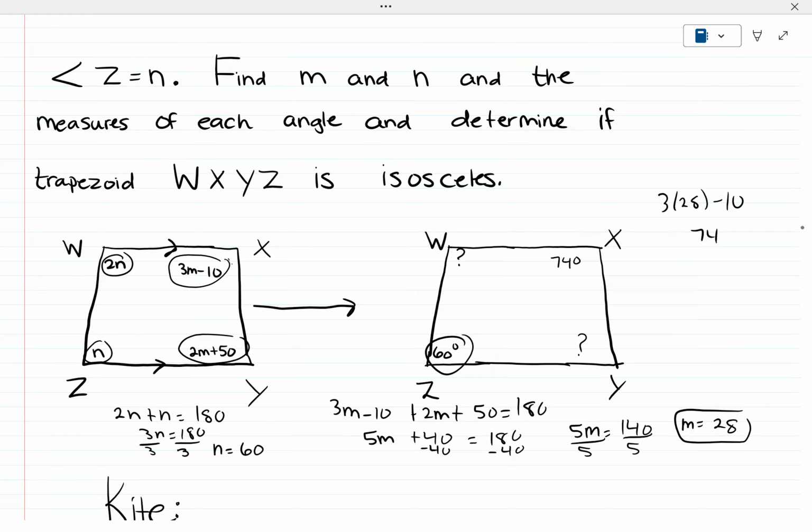So let's look at angle W. Actually, it says angle W is 2n, so that's easier. Angle W is 2 times n, and n is 60, which is 120.